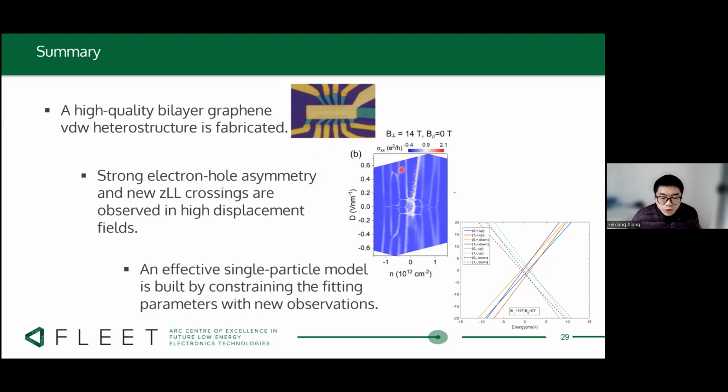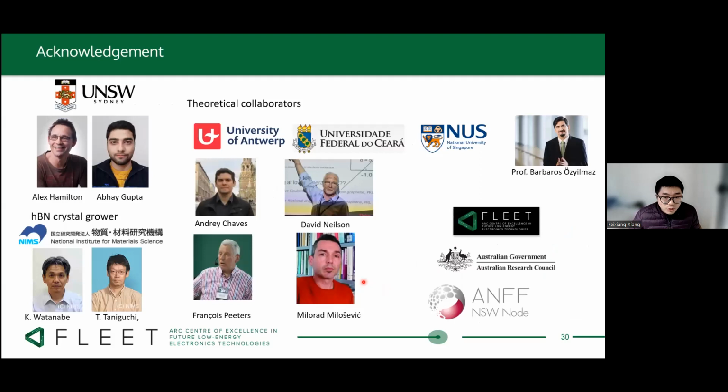And we use our new observation to constrain the modeling, and then we can use a more accurate model. We can now also correctly tell the filling sequence, which can be used to understand the selection rule in the exciton condensation in double bilayer graphene quantum wells.